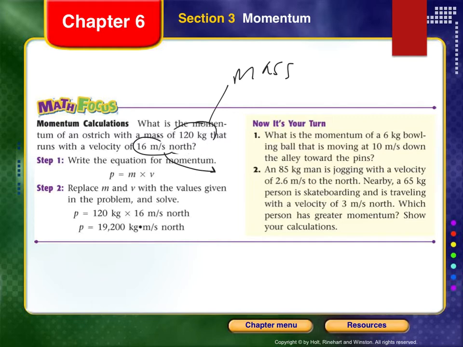So obviously that separates it from just having a speed. So it's got to have a direction to it too. So we're multiplying 120 by 16, and your unit for momentum is going to be kilograms times meters per second north. So you're kind of just taking all the units and mashing them all together. I'm not going to really ask you too often to give me that unit, so don't sweat it too much. Just make sure your answers here have both of those units.